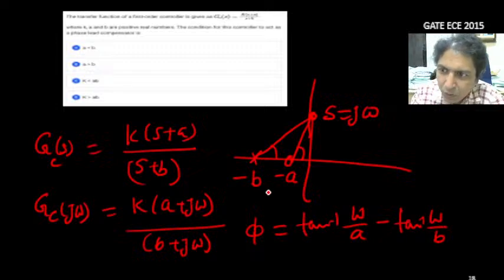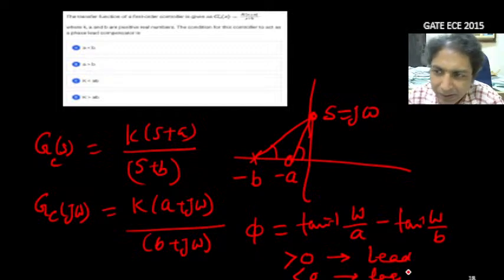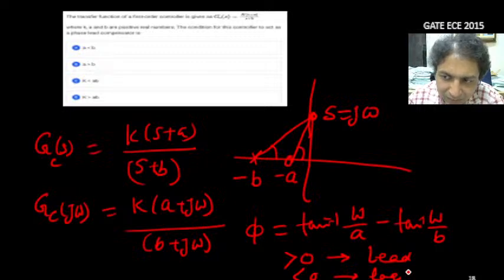If this phase is more than 0, it is a lead. If this is less than 0, it is a lag. If the resulting phase is positive, then it is called lead compensator, and if the resulting phase is negative, it is called lag compensator.